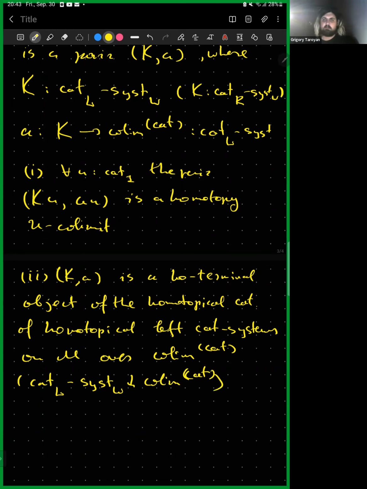As you can see, this is pretty similar to what we required from homotopy colimits, say, because we required it to be a homotopically terminal object in the over category of homotopical functors over limit or colimit.